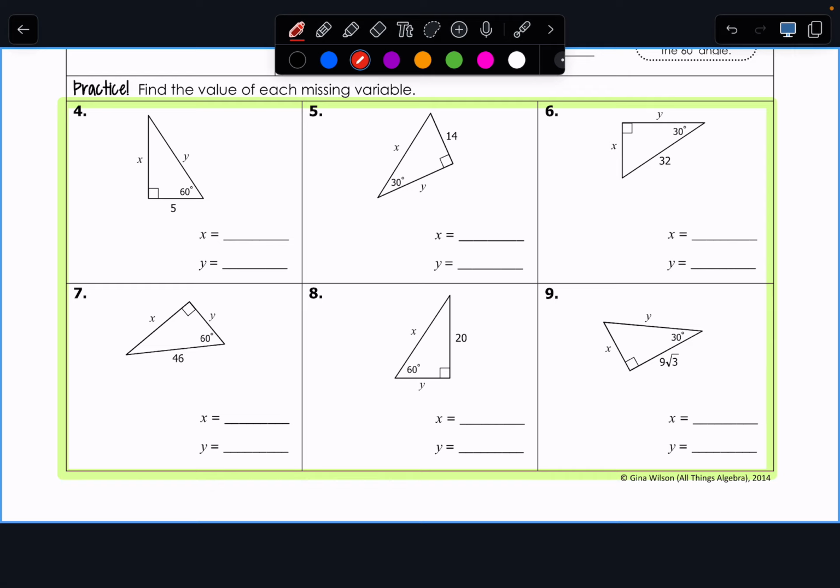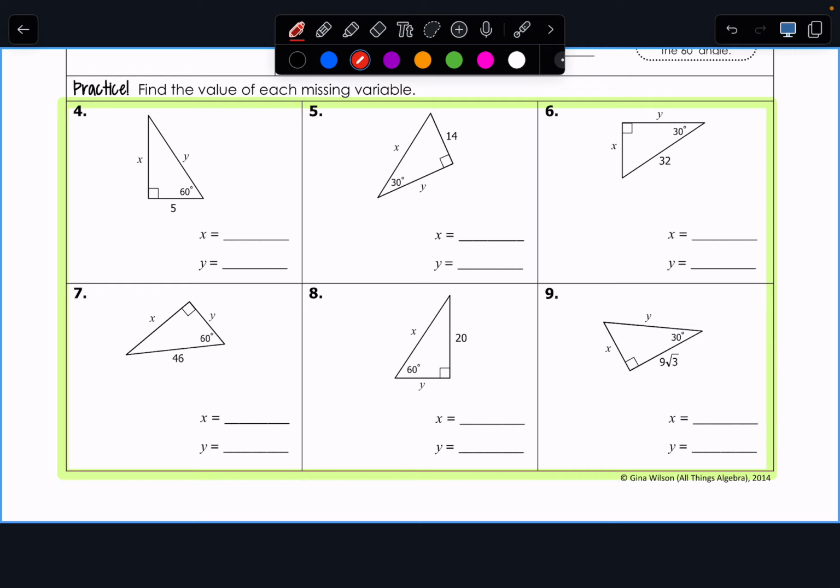Times 2. So y is 10. The x is 5 radical 3. X is 23. Y is 46 radical 3.